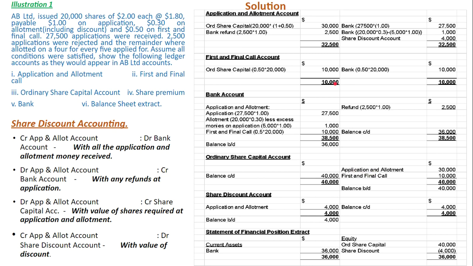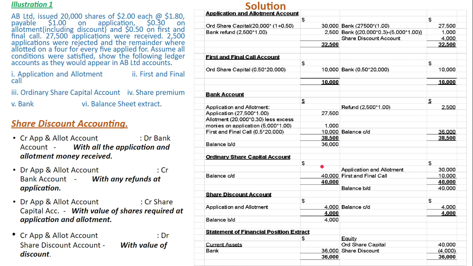So like we said before, application and allotment accounts, first and final call accounts, they will always balance off. We go to the bank account, we add the debit side, 27,500 plus 1,000 plus 10,000 will give us 38,500. On the credit side, we already have 2,500 for refund, so the balance will be 36,000, which is brought down.